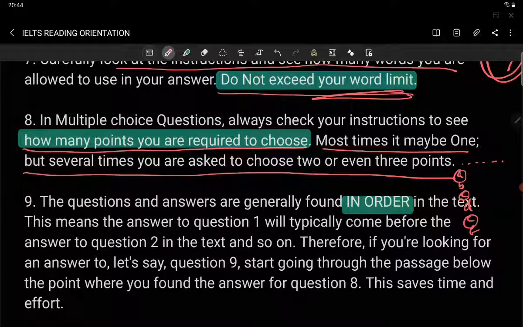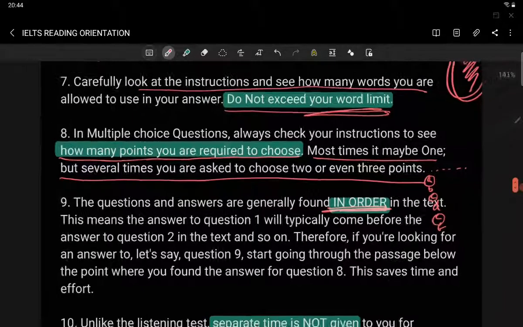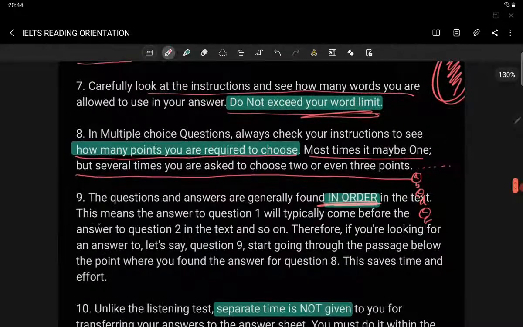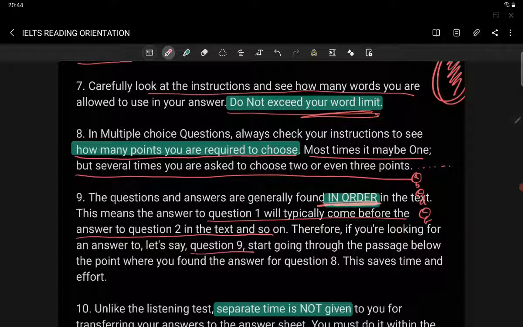The questions and answers are generally found in order in the text. Now, what does in order mean? This means the answer to question 1 will typically come before the next question, that is question number 2. So, if you are looking for, let's say, the answer to question number 9, you have to start looking at the point where you found the answer to question 8.